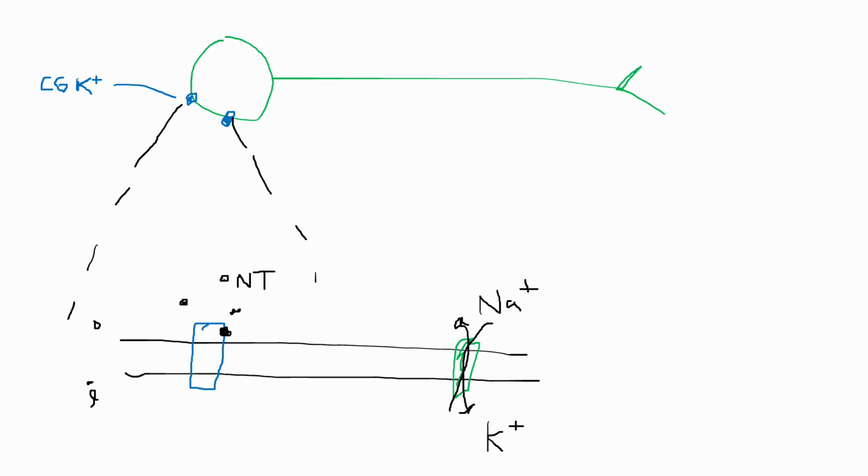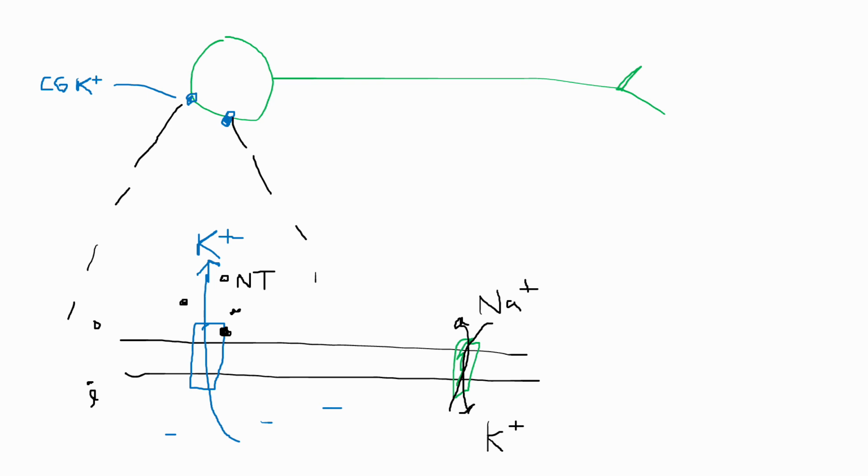Now, when that happens, which way is potassium going to move? Well, it's going to move down its gradient. We've been concentrating it inside the cell, so it's going to move outward. What effect does a positively charged ion have when it leaves our cell? Well, it makes it more negative in here, right? We're losing a positive charge.